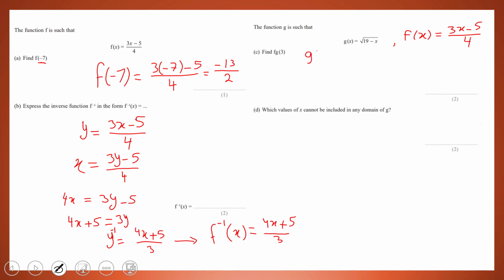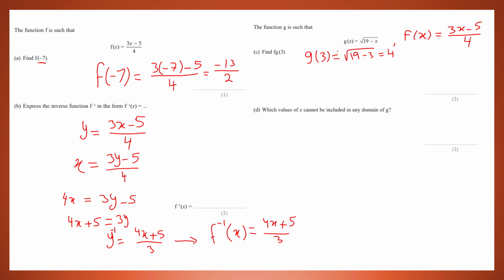First of all, I will get g of 3. It will be the square root of 19 minus 3, which gives me 4. So this result that you got from g of 3 is 4. Go replace each x in f of x by 4 because f is the second letter. The first letter is g.